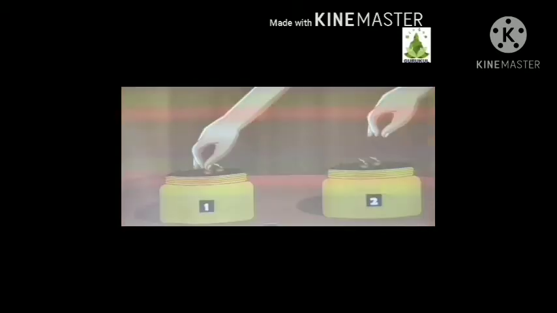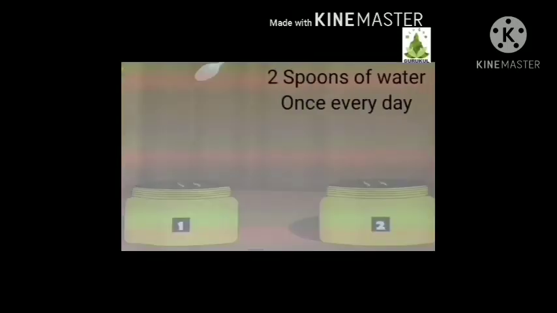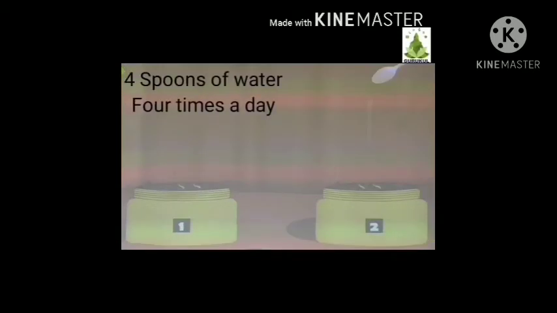Sow 2 sprouted moth, means matki, seeds in each box. Give 2 spoons of water to the soil of box 1 only once every day. Give 4 spoons of water to the other box 4 times a day. Do this for 6 days.